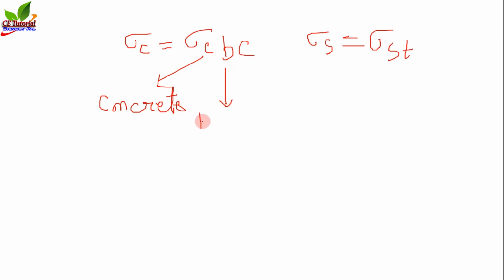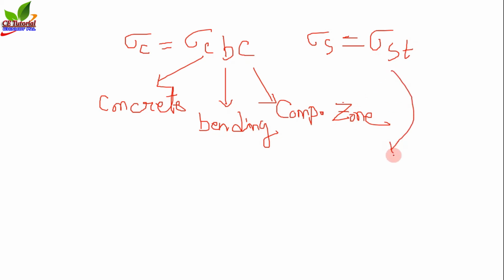This B is nothing but bending, and this C is nothing but compressive zone. Okay, and this S is nothing but steel.